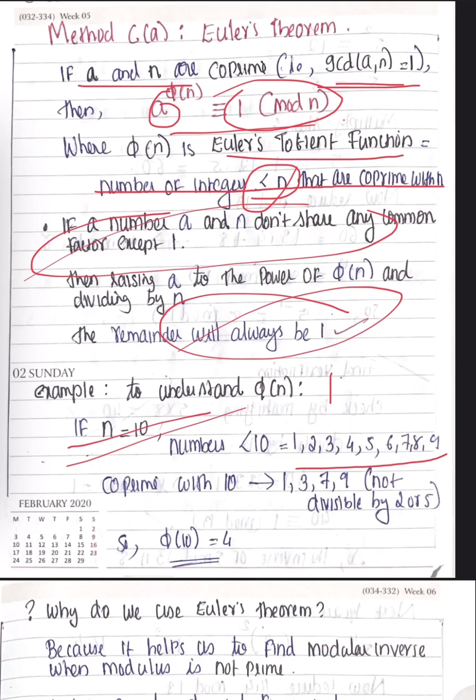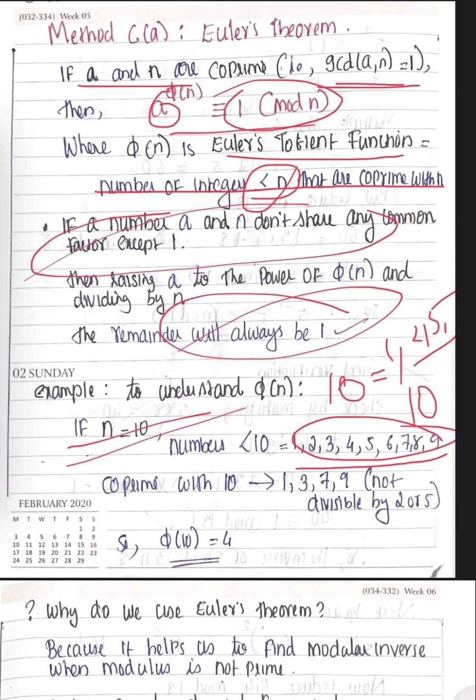Here we are using the number 10. The factors of 10 are 1, 2, 5, 10. So in this case, the numbers divisible by 2 and 5 can be eliminated.